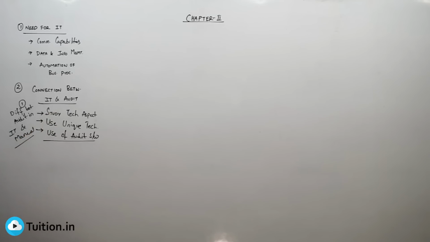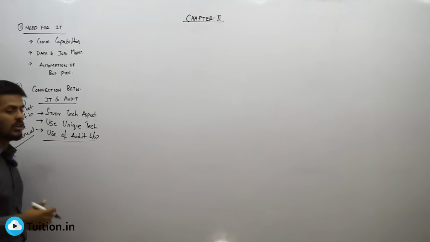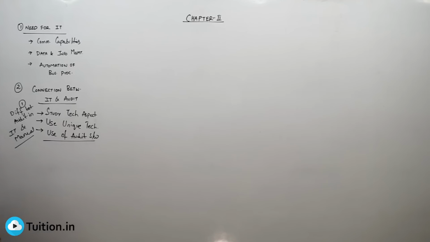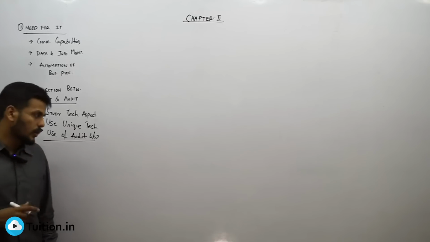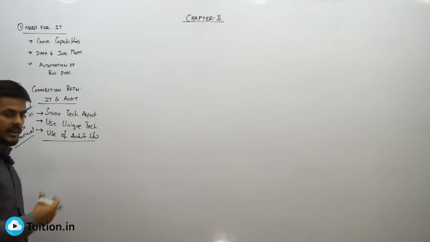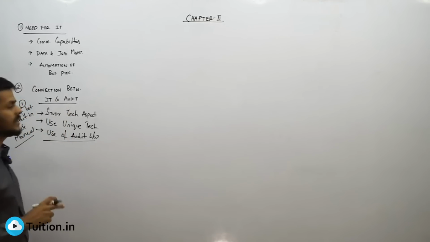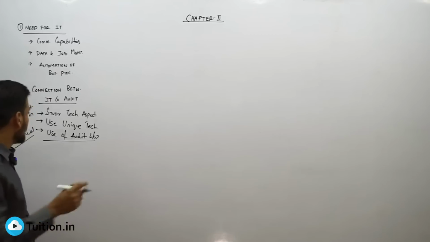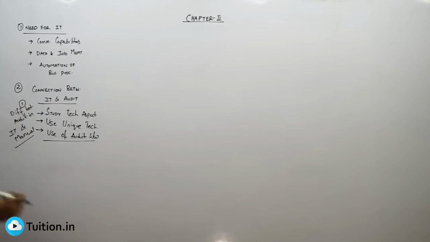So these are the 3 broad differences that we are actually talking about. Simple points. That's all, that's more important. And then you look at one more topic in that particular point, the last one, which says there are certain actions that the auditor has to take in terms of what exactly he is to do by using audit software. Let me take you through those 3 points also, right?